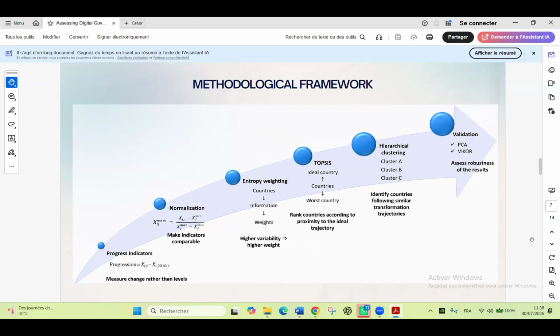Based on these weighted indicators, we applied TOPSIS to assess each country's proximity to the ideal transformation trajectory. We used hierarchical clustering to identify groups of countries following similar patterns of digital governance transformation. Finally, we assessed the robustness of our findings by comparing the results with principal component analysis and VIKOR. Together, these steps provide a robust framework for analyzing digital governance transformation trajectories.